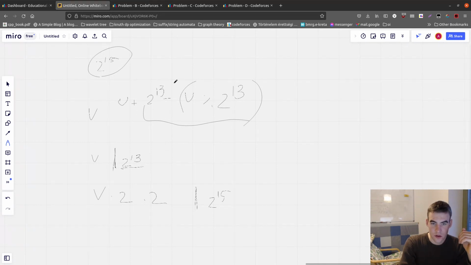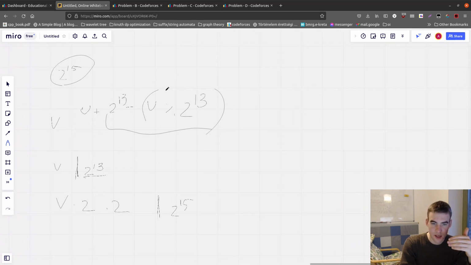Because it gives this modulo, and we need to increase it by this much to have v be divisible by 2 to the 13th, unless v divided by 2 to the 13th is 0, because then we need to add 0.